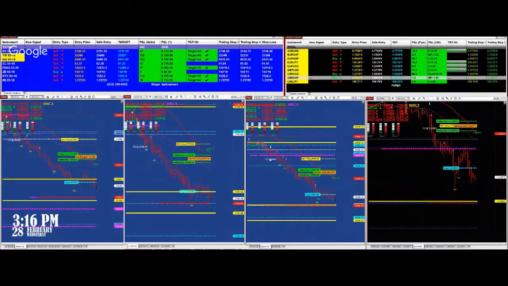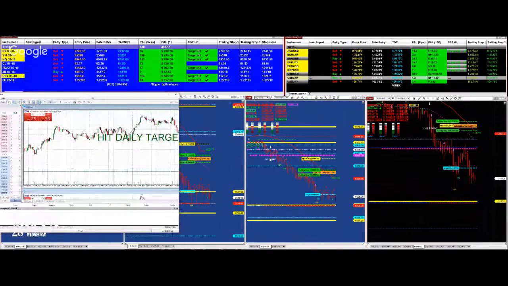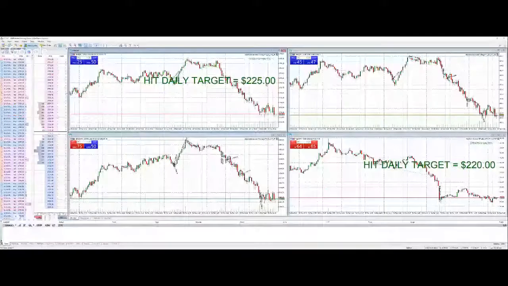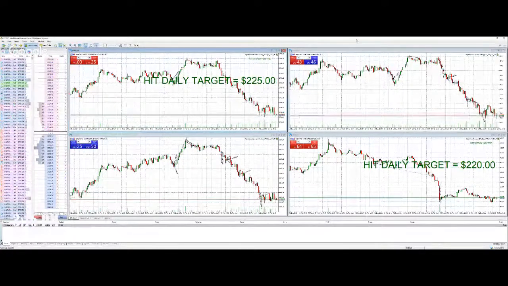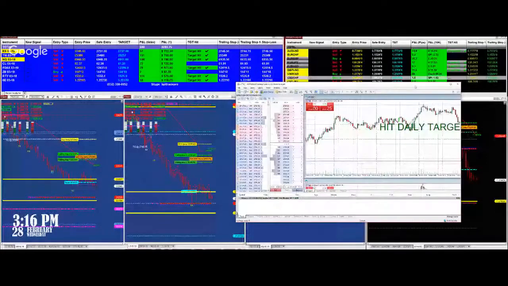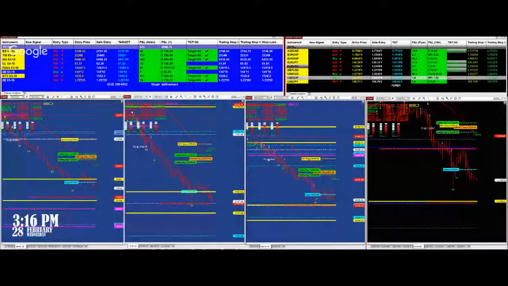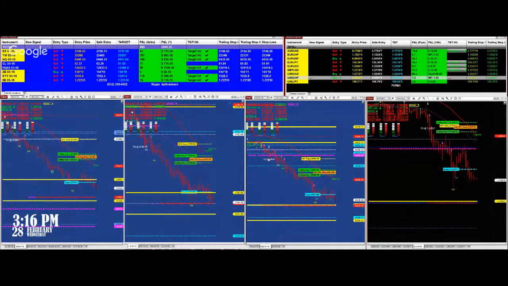Let's see what the Nasdaq, what the MT5 did. We're still on the ES and CL, and we have not closed the trades on the Nasdaq and YM on the MT5 yet. We have 695 ticks in profit based on the last signal, 681.